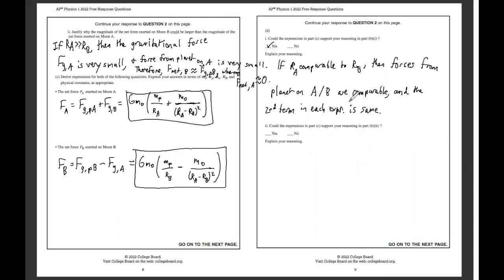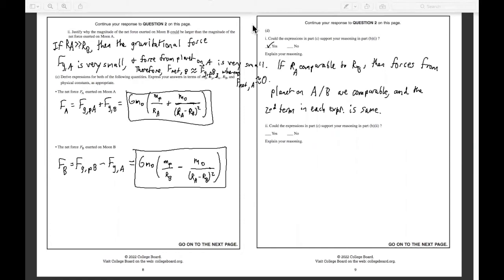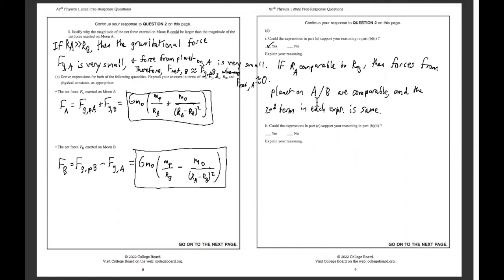And so the second term in each expression is the same. The forces from the planet on A and B are comparable. Therefore, I get a larger magnitude for FA due to the positive sign, due to the forces adding together.